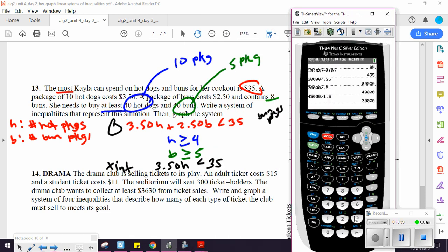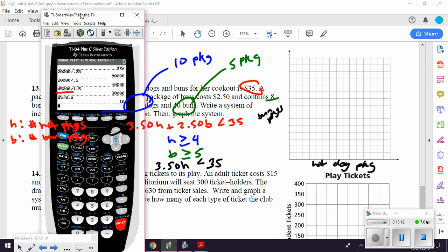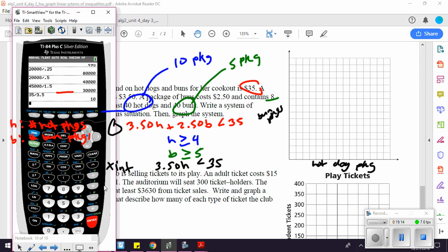All right, so 35 divided by 3.50 is 10. So the x-intercept is 10. So h has to be 10 when b is 0.